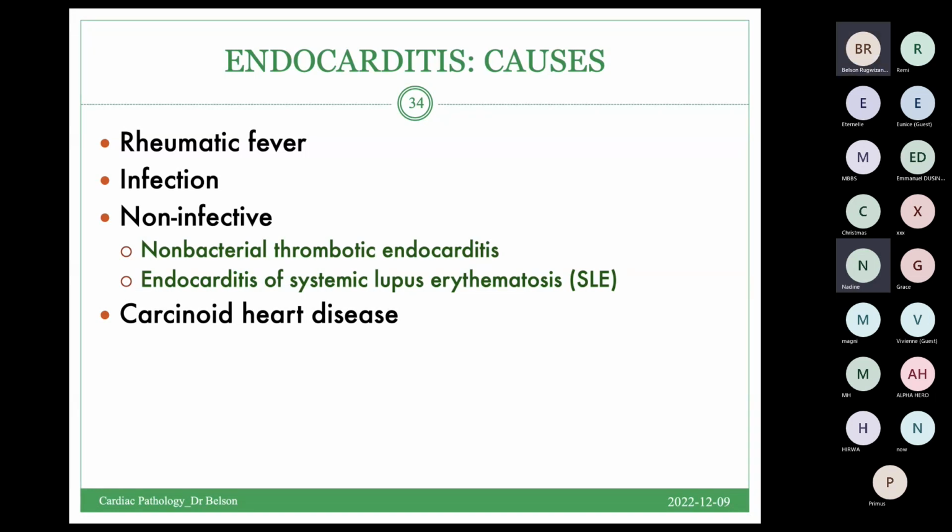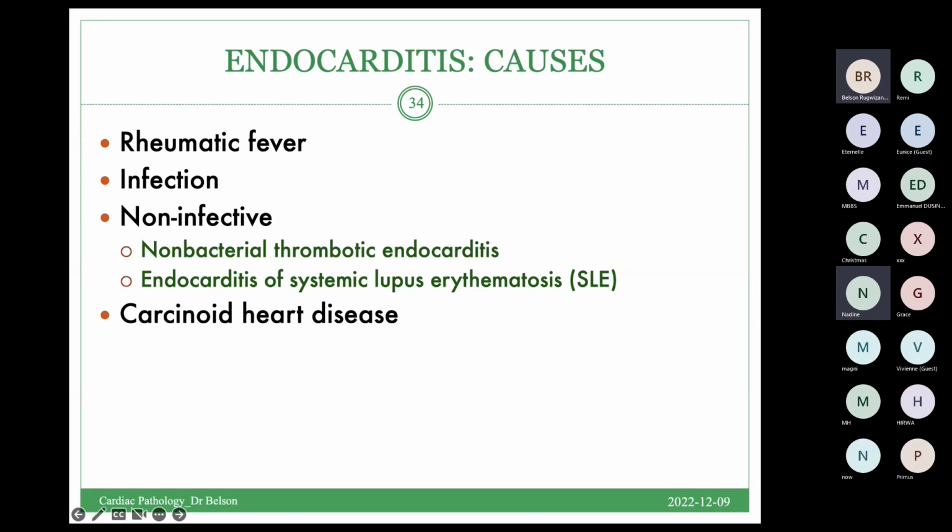We shall see some other examples, and the non-infective ones. We have two main ones: non-bacterial thrombotic endocarditis and the endocarditis of systemic lupus erythematosus. This is a syndrome. Systemic lupus erythematosus is a syndrome, it is not a disease per se.